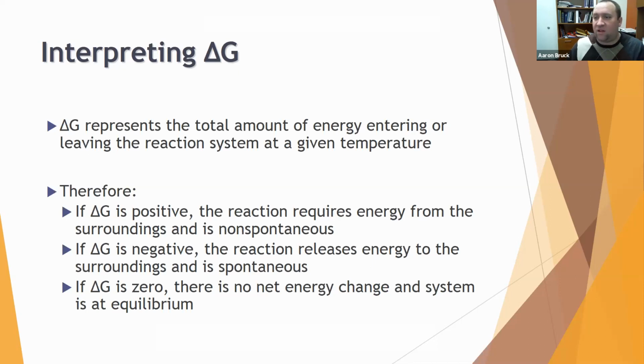If delta G is positive and the reaction system has to take in energy in order to go, we consider that process to be non-spontaneous. And if delta G releases energy, if it's negative, we will consider that process to be spontaneous. Now, in the event that delta G is equal to 0, that means that energy is being transferred evenly, and we have a system that is at equilibrium.